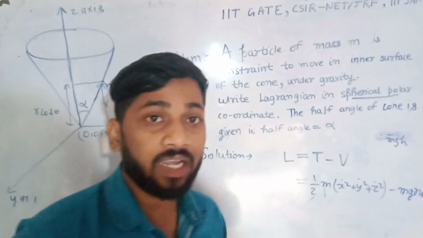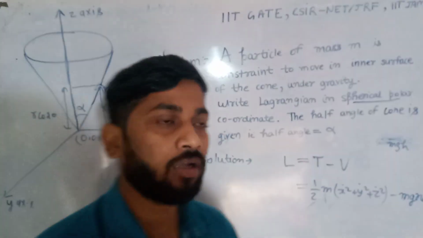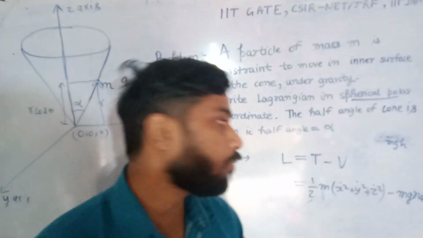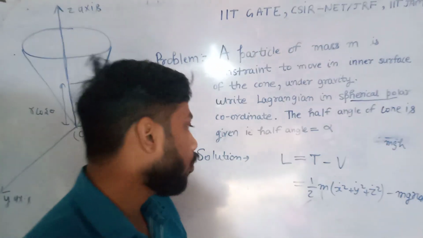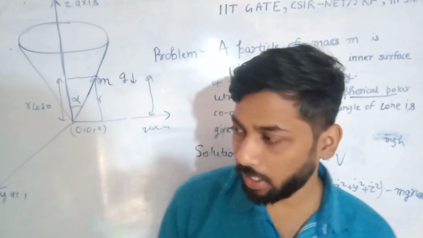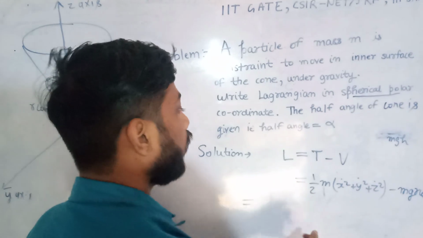So this is my Lagrangian in the Cartesian coordinate system, but the question asks you to find your Lagrangian in the spherical polar coordinate system. So now I will change this Lagrangian into spherical polar coordinates.